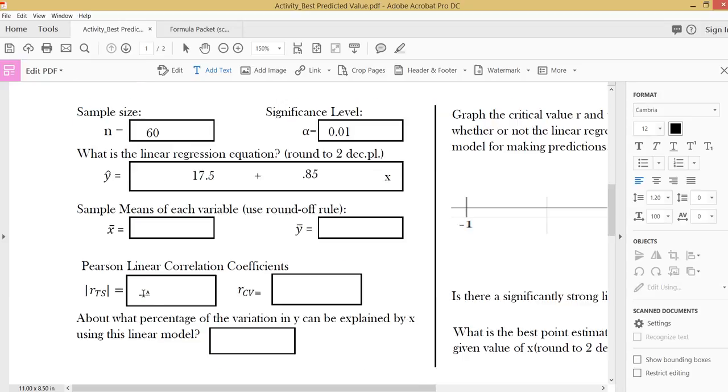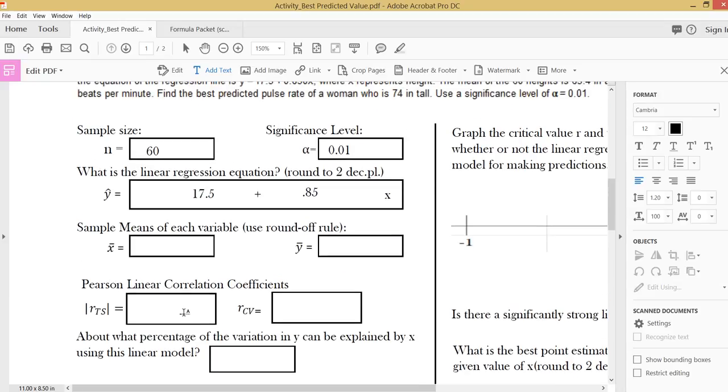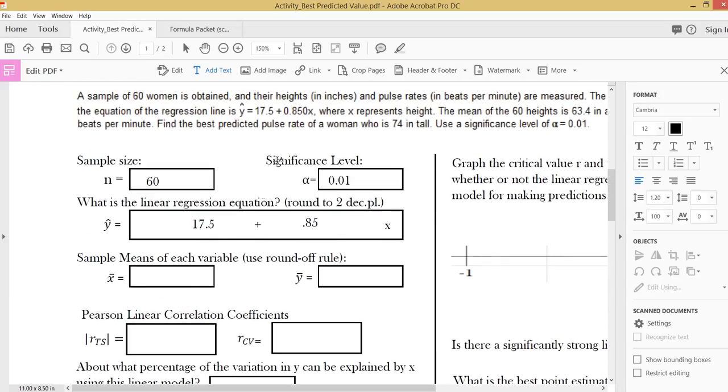And then the mean of x, well, it says right here that x is representing height. Just like when we read the example, it said that the first variable was their height in inches, and typically the first variable mentioned will be the independent variable or the input variable, or sometimes we call it explanatory, or the predictor variable, and that would be your height.